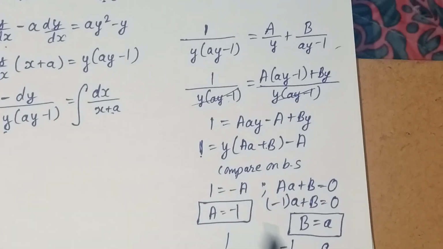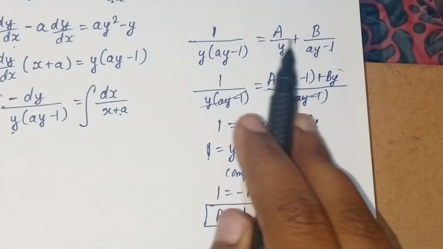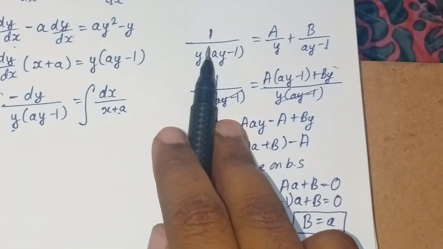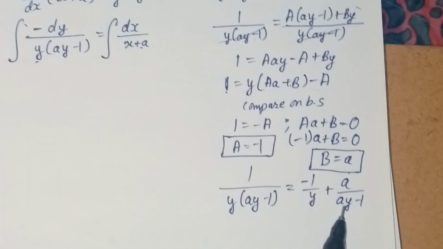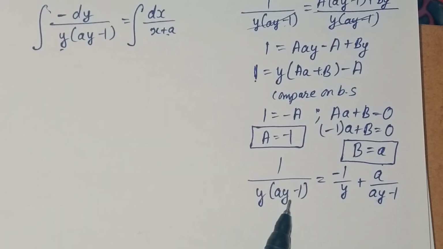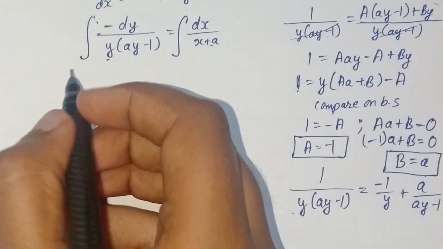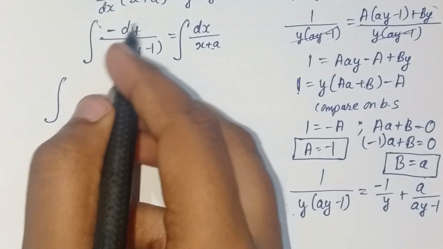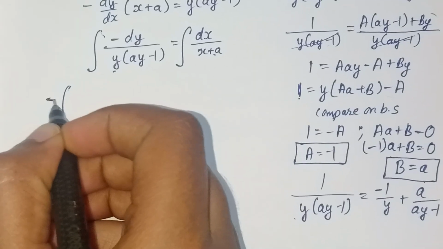Here we substitute the A value and B value because these terms are equal to this term. So to integrate this term, we can substitute these values instead of this. Then we directly integrate this. Here we have a minus, so we can write it outside.